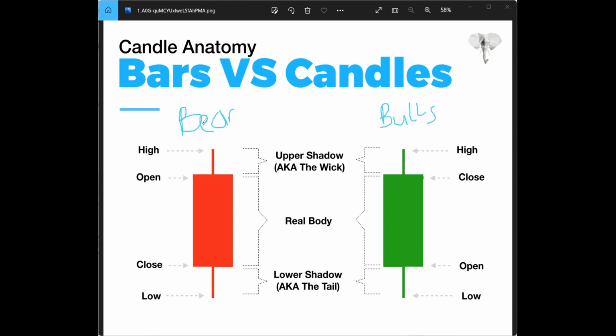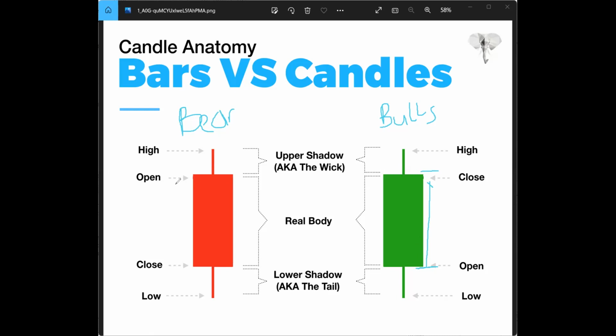And then bulls are what? Pushing market price up. So now, for example, this is what differentiates a bull candle from a bear candle. With a bull candle, this is what happens to it. Now it opens below, or it starts from the bottom and then moves all the way up and then closes at the top.